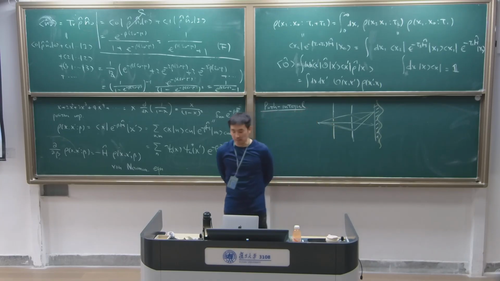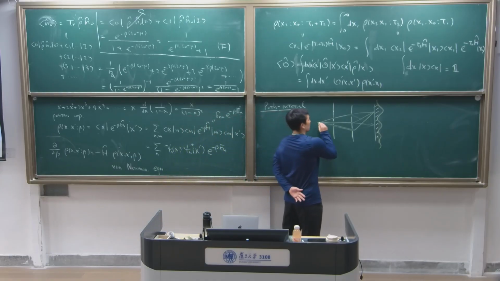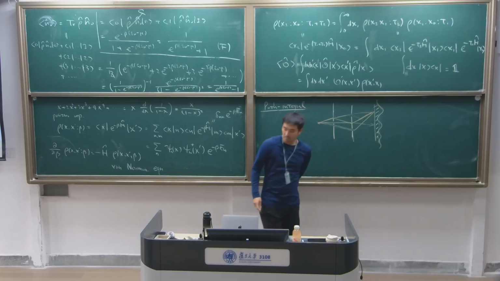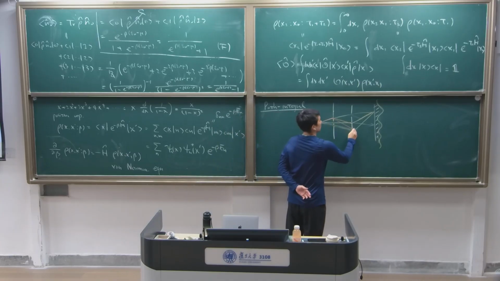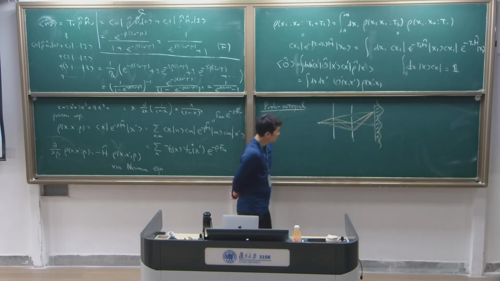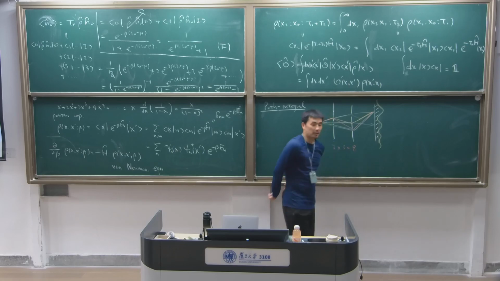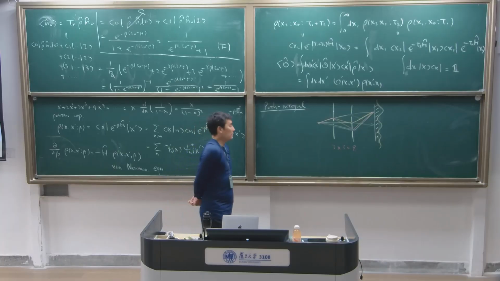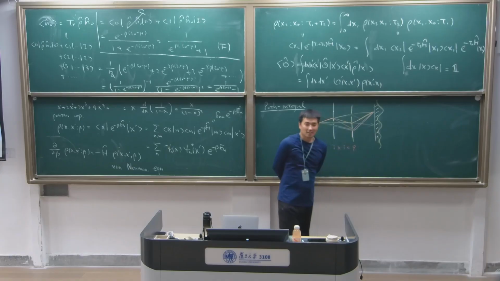Then you can allow this path, this one and this one, or this one and this one. For example, there are totally 3 times 3, 9 possible paths. And so on. What happens if you add one more slit? Just keep doing that.